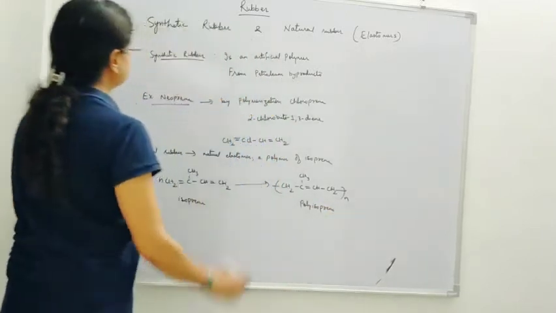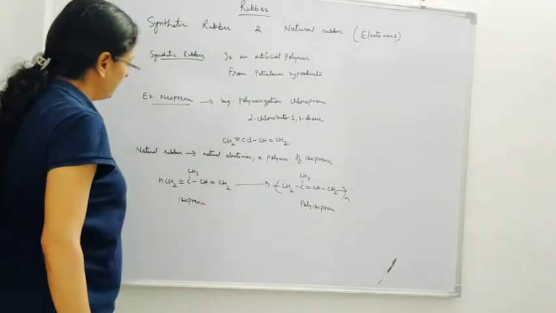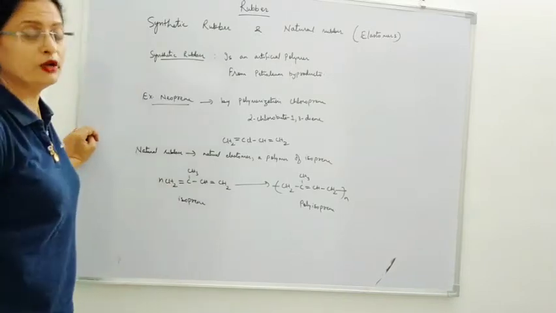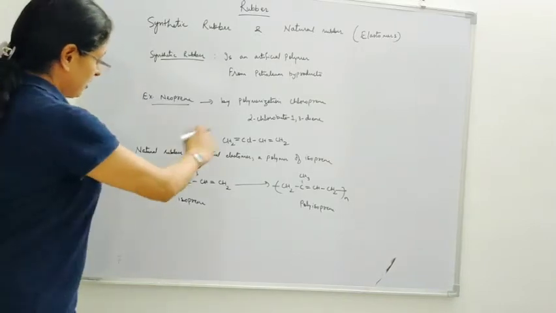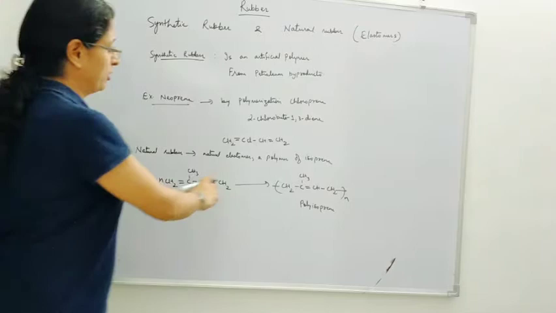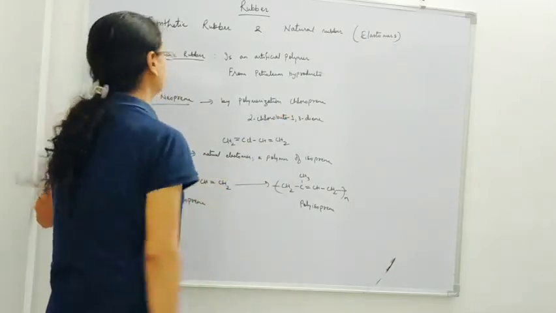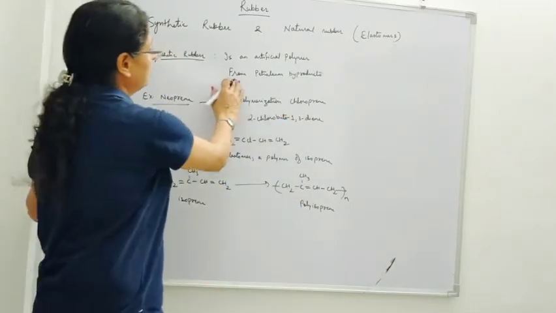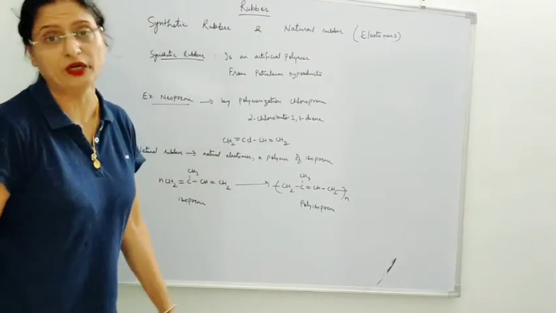Now what is the difference between the synthetic rubber, that is neoprene, and the polyisoprene, that is many units of isoprene leading to the formation of polyisoprene? What's the difference between both of them? Now this is manufactured in the industry, so obviously it is a better quality of the rubber.